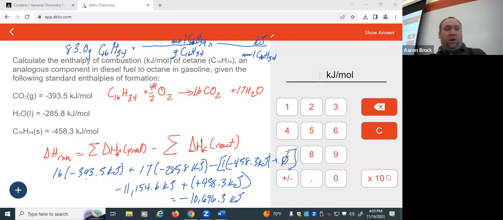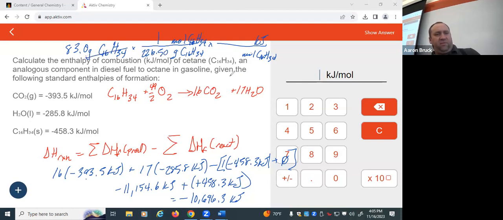Just like before, I go to the molar mass. So 12.01 for each carbon, and there are 16. 1.01 for each hydrogen, and there are 34. I get 1 mole at 226.50 grams.